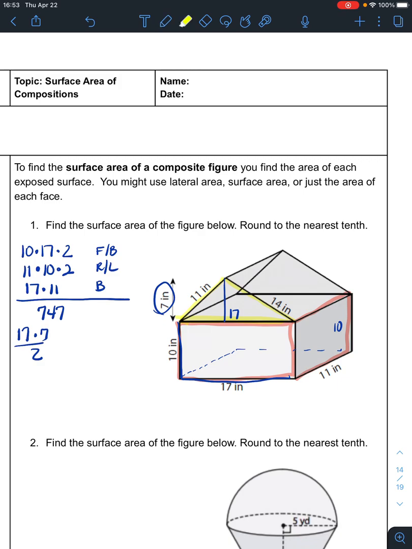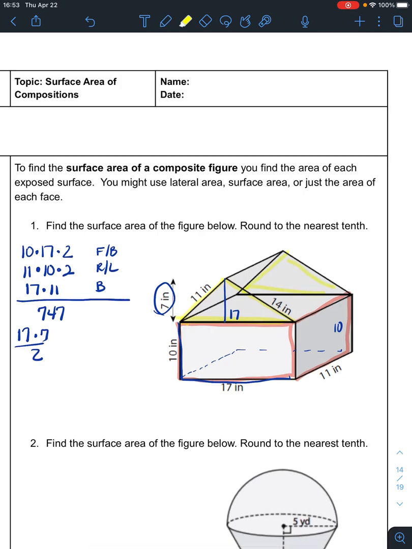We have the front piece, and then we have this back piece. So we have times 2. So we have 17 times 7 divided by 2 times 2. That gives us 119. So we're going to add 119. So we have 747. We're going to add 119. We can go ahead and do that. You get 866, that's our two triangles.